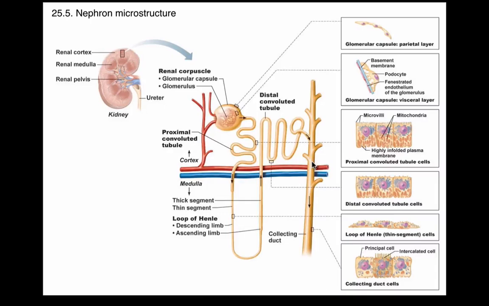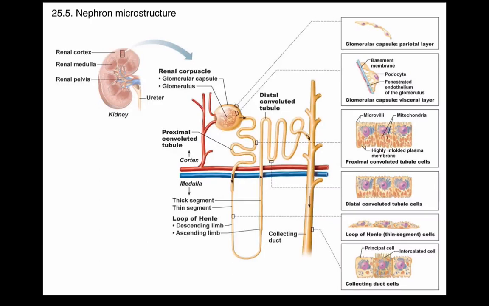The rest of them are intercalated cells, which are cuboidal cells that have lots of microvilli, and they help to maintain the acid-base balance of the blood. So the collecting ducts receive filtrate from many nephrons, and they are going to fuse together ultimately when they get down to that renal papilla that's going to release the urine into a minor calyx.